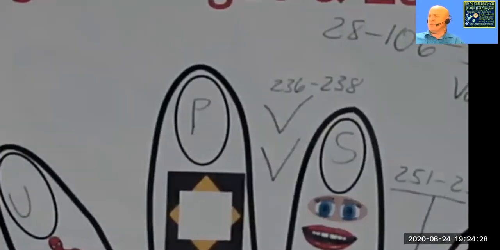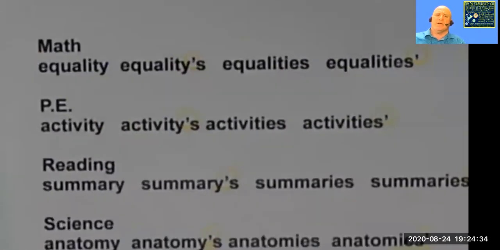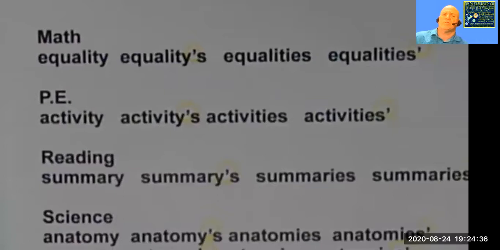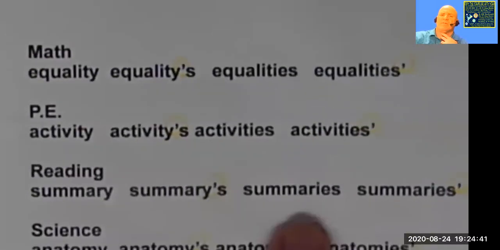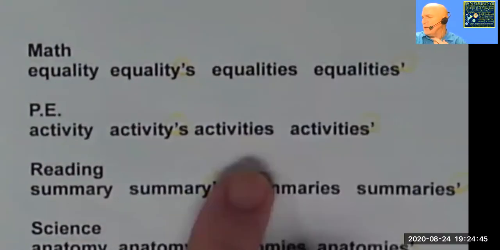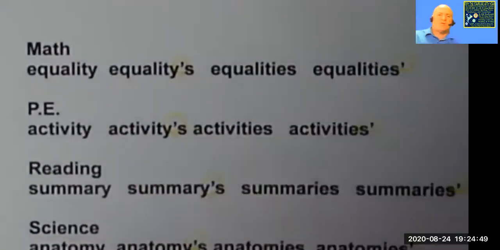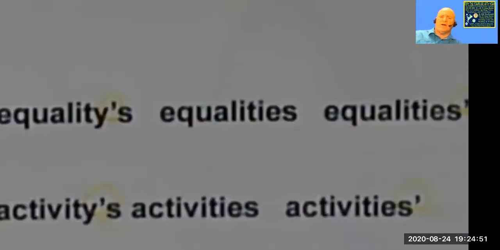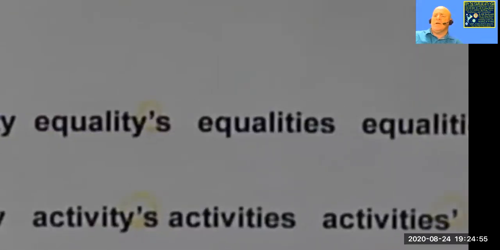So what I did before I show you our regular list, I thought to myself, which subject areas could I use singular versus singular possessive, plural, and plural possessive? And I don't know if you can tell or not, but I circled all of the apostrophes yellow because we slowed down. Now, I want you to pay close attention.